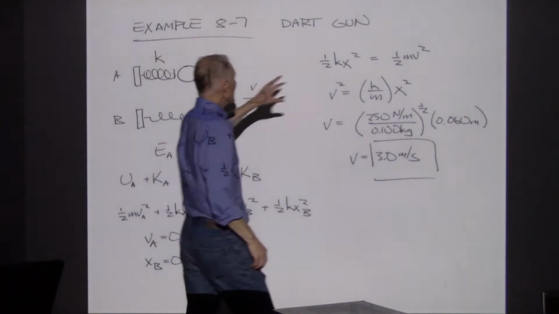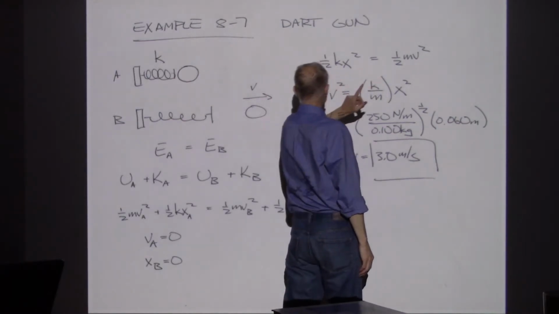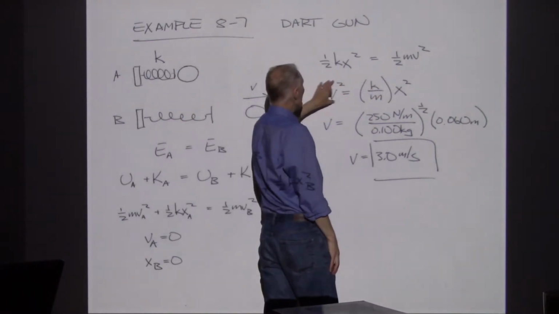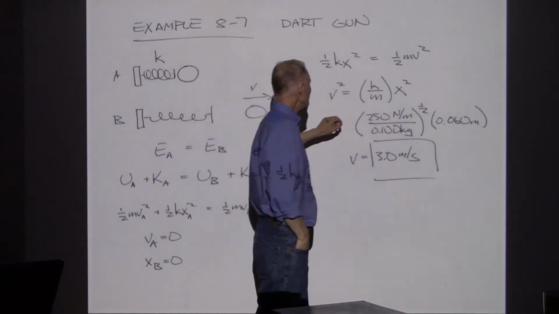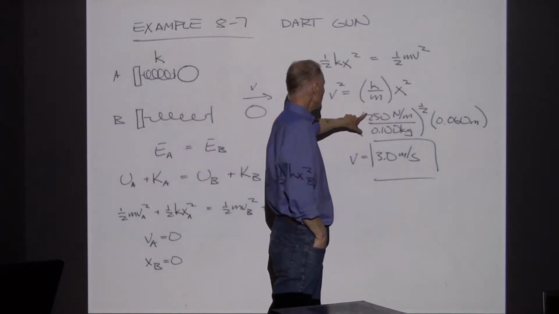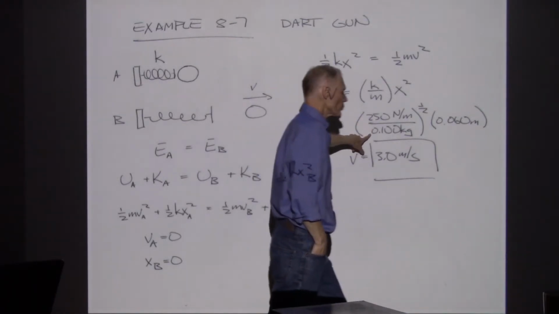Okay, let's solve this. The 1/2s go away. We're solving for v, so v squared is k over m times x squared. Putting everything in, here is the k value for the spring, its stiffness, 250 newtons per meter. Mass is 0.100 kilograms.